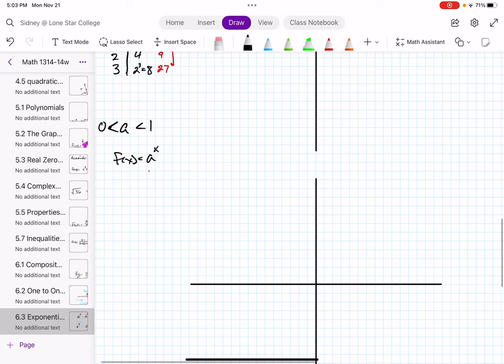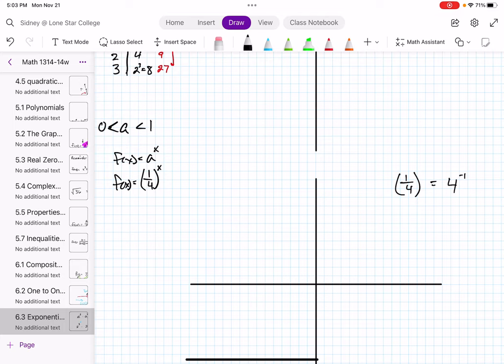And there's a couple of things I want to point out. So I have 1/4 to the power of x. Now, here's the interesting thing. When we look at a function f of x equals 1/4 to the power of x, we've got to think about our exponent rules. So 1/4 could be written as 4 to the negative 1 power.